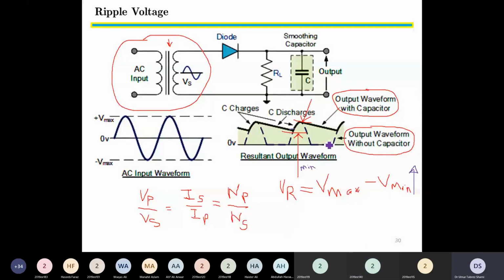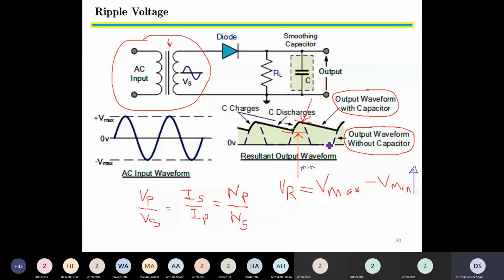Ripple voltage is decreased. Now if we double the value of C, what will we get? We will get a straight line, sir. Sir, does V minimum increase by 0.63 times, meaning 63%, with each capacitor? No, this is not the concept.